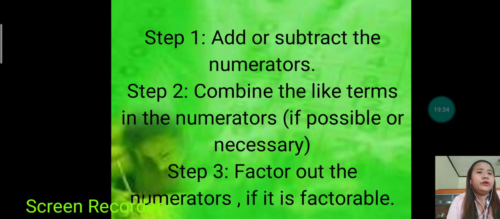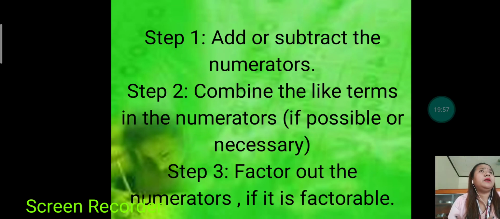The step 2, combine the like terms in the numerators if possible or necessary. Kung merong dapat i-combine na similar or yung tinatawag nating like terms, then we must combine it.